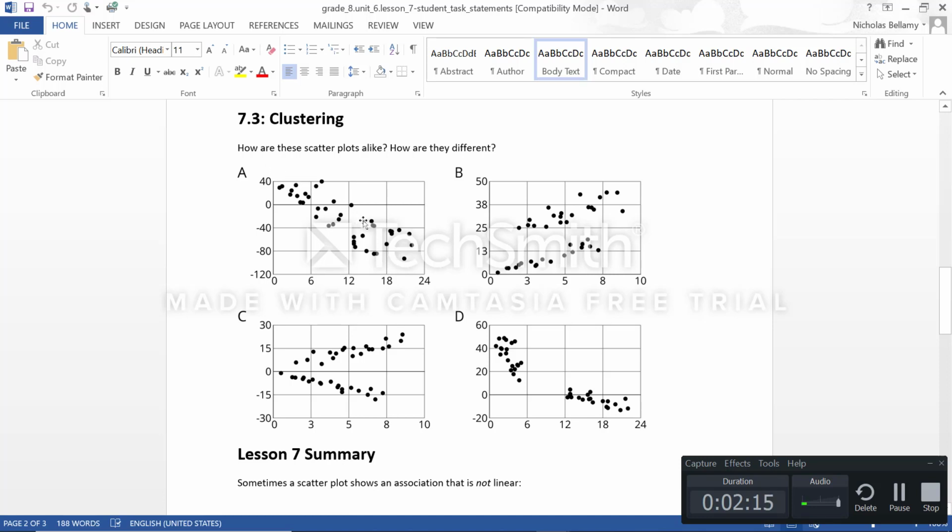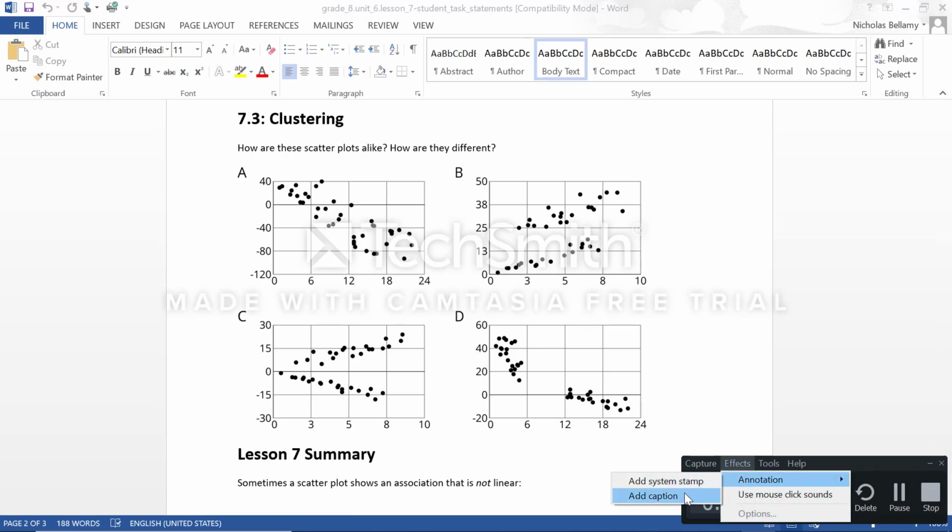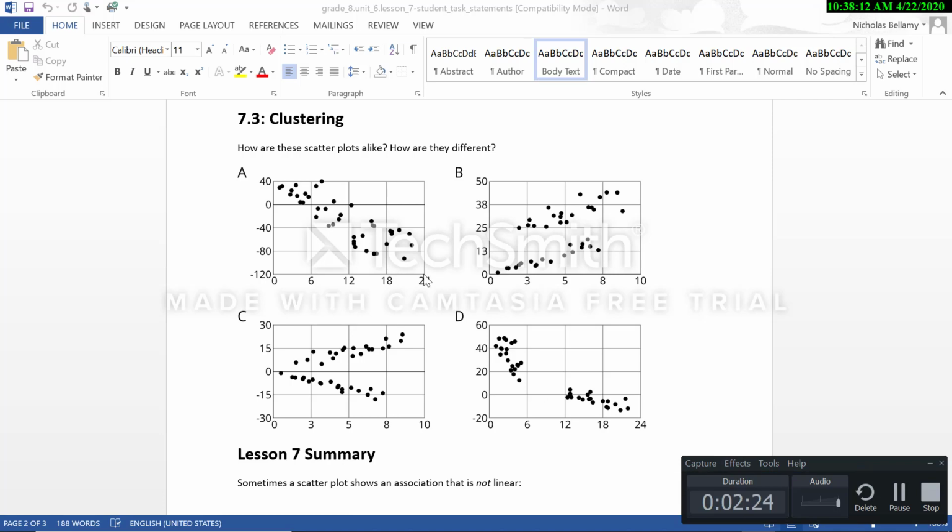So if I were to draw a line through this, it would go straight through here, and that would be our negative slope. For B, B has two clusters here, okay?